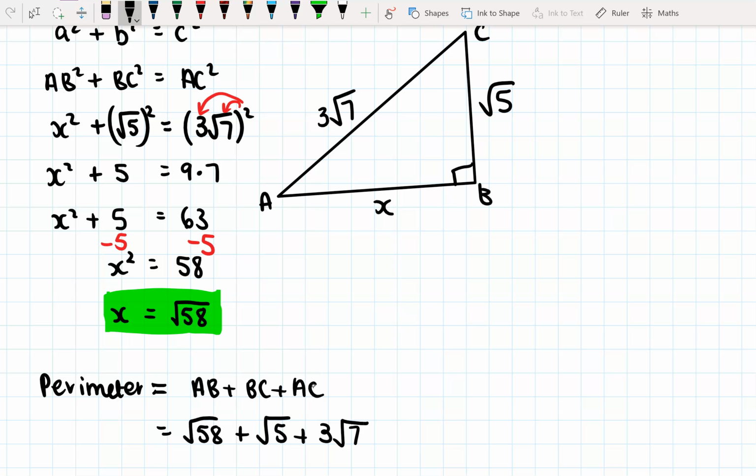As you saw from the last 2 lessons, these are not like terms. The square root of 58 is as simple as it gets. The square root of 5 is also as simple as it gets, and 3 root 7 is also already simplified. So this would be our final answer, and this is in exact form.